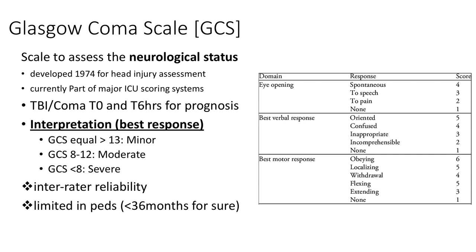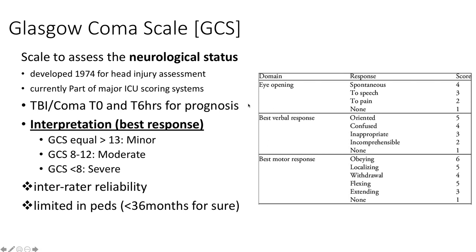So here on the side you see the components. It's E, eye opening, M, motor, and then V, verbal. Okay, and then really very quickly kind of like the best status you get from a patient's response.